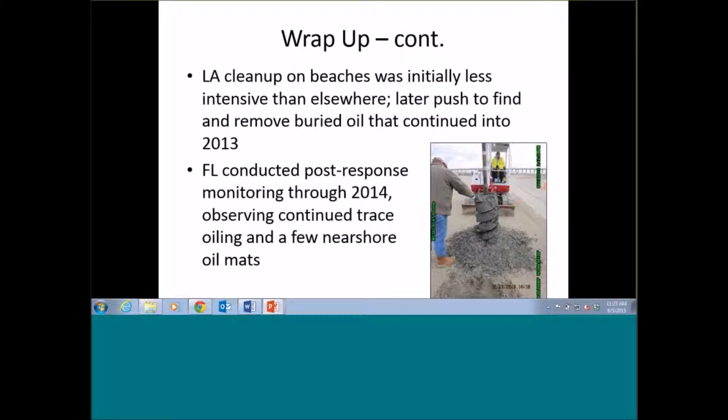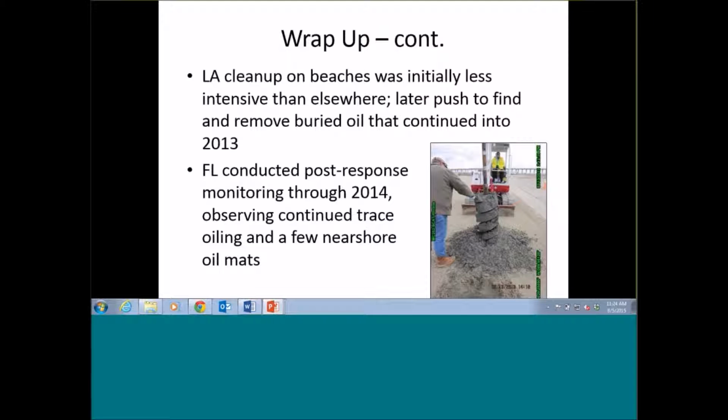Crews would go out and pick those up. And they even found some of those near-shore subtidal mats that had been missed during the main response, and those were actually cleaned up. One of the most recent ones was a couple thousand pounds, I think, is that right? It was actually removed from that mat. Those mats were generating oil on the beaches periodically, so they went out and surveyed for them, found those, and then did the removal actions.